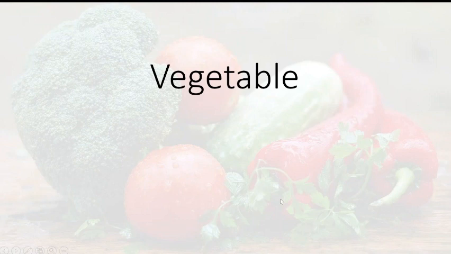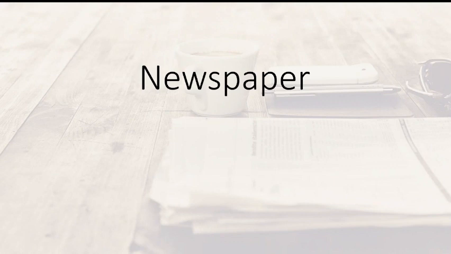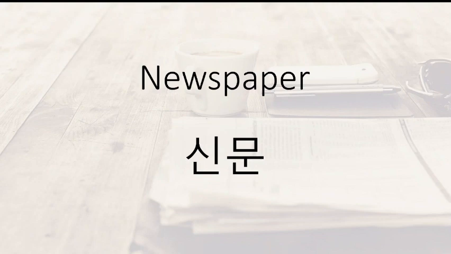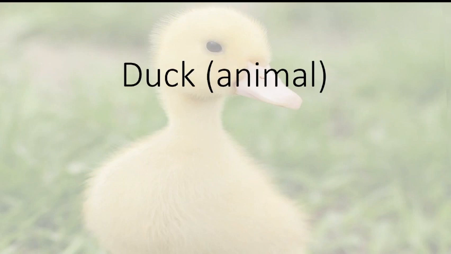Next, the Korean word for vegetable, that is 야채. 야채. Okay. Next, the Korean word for newspaper, that is 신문. 신문. Okay. And last, the Korean word for duck, that is 오리.